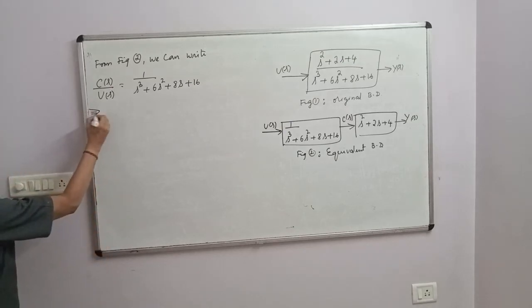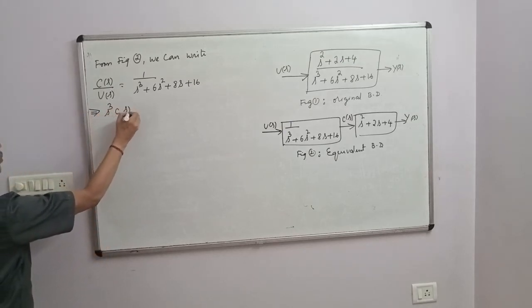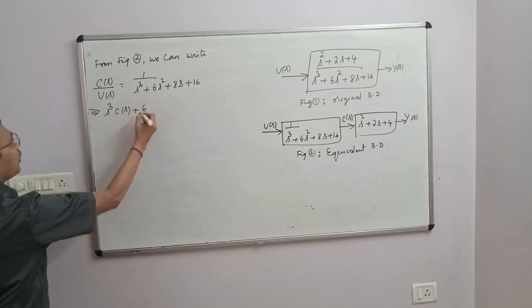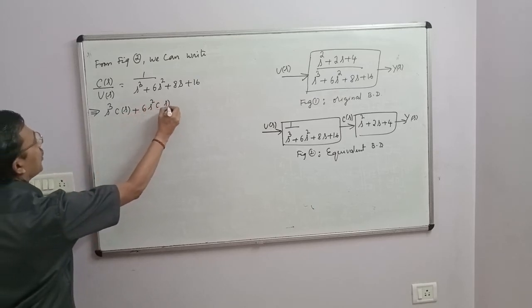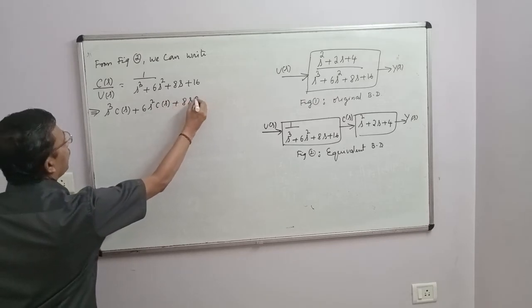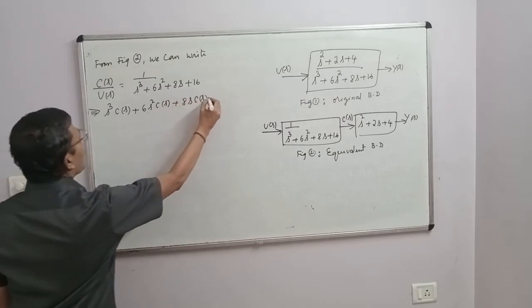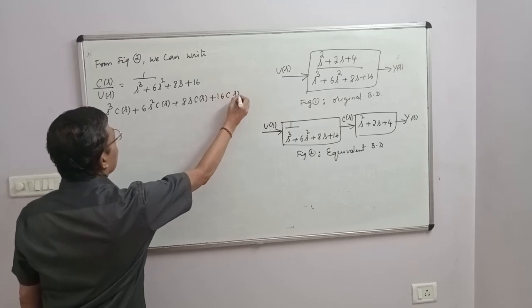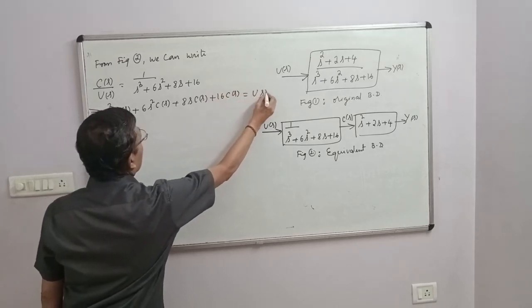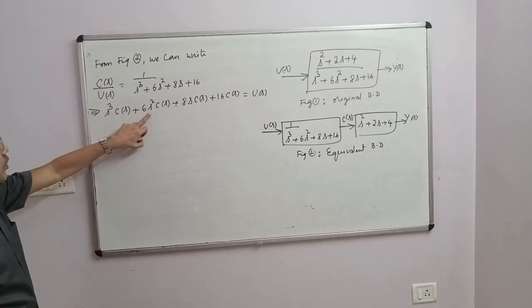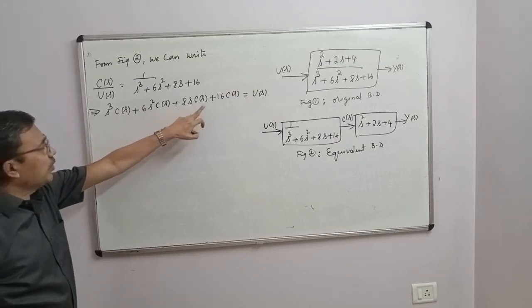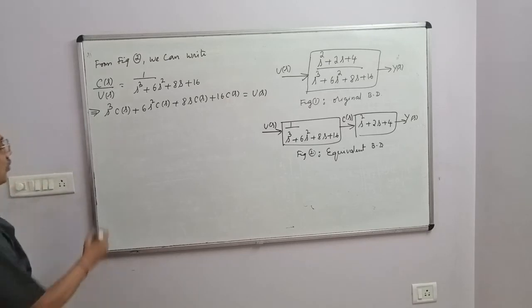Cross multiply, you get s cube into C of s plus 6s square into C of s plus 8s into C of s plus 16 into C of s is equal to u of s.